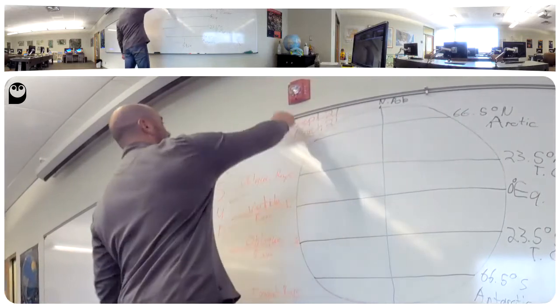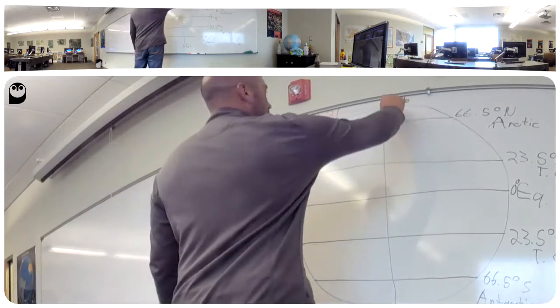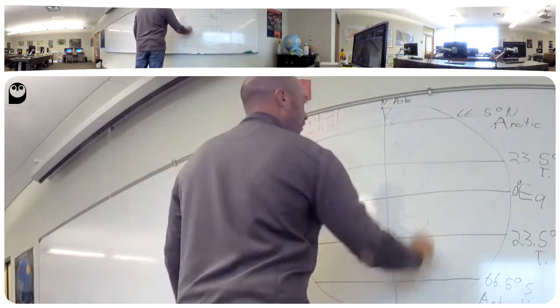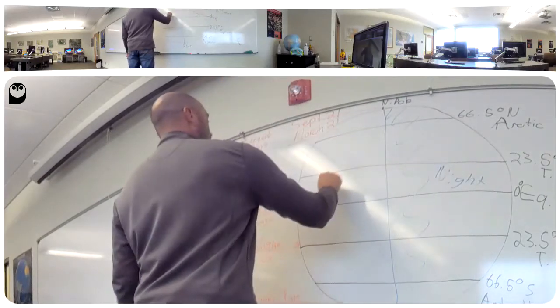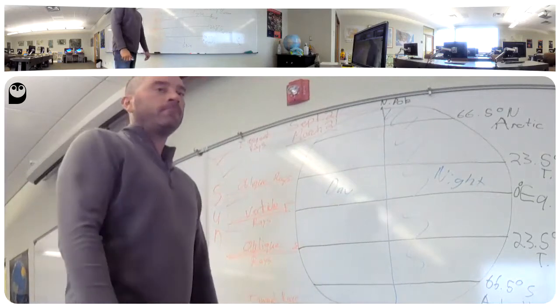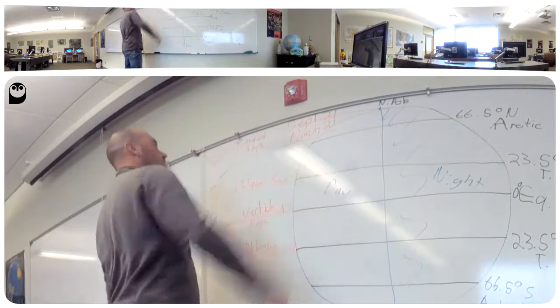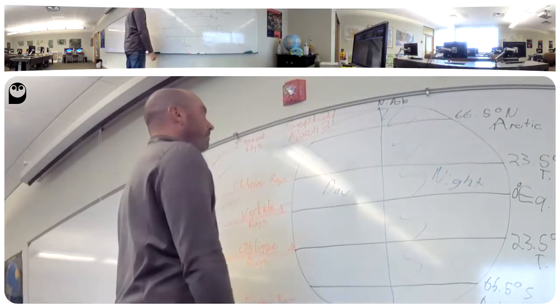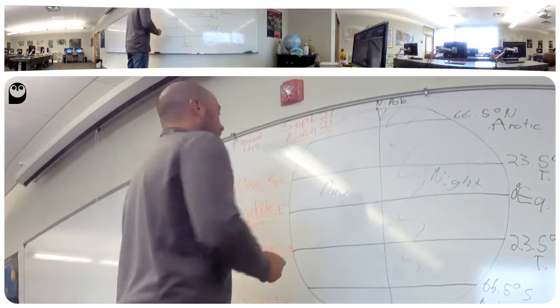That's why this is called the fall equinox, spring equinox. So this side of the earth, nighttime, this side of the earth, daytime, okay? Hopefully that makes sense. September 21st, March 21st, okay? Equal day, equal night, spring and fall equinox, okay?